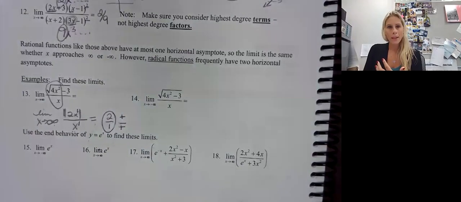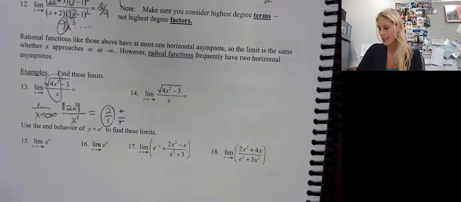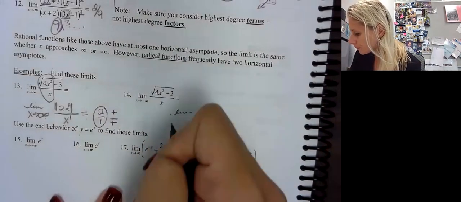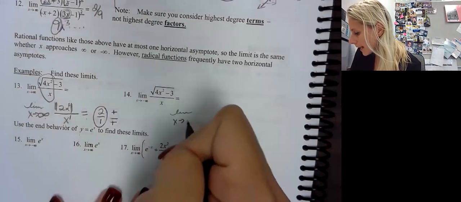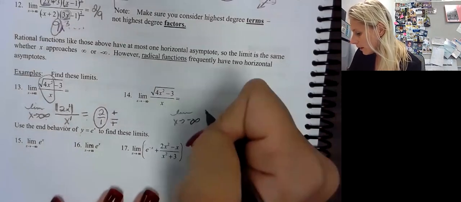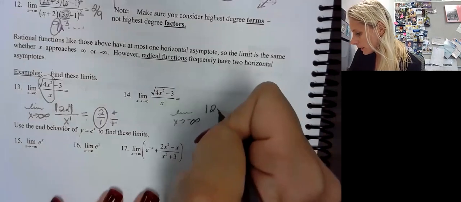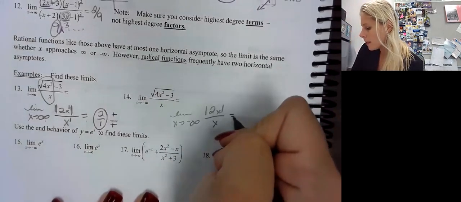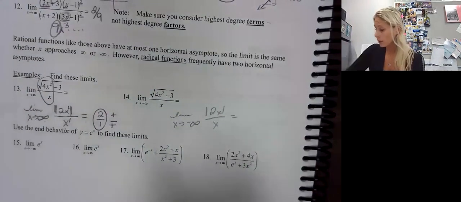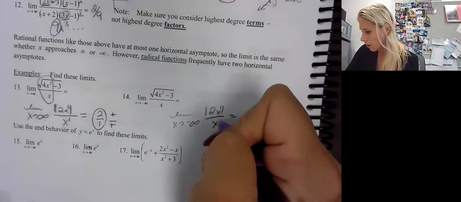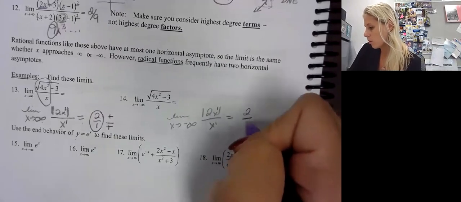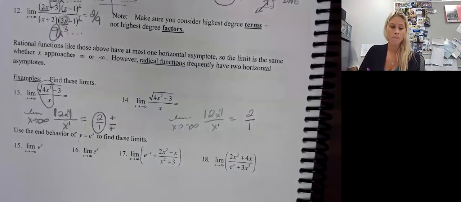Now, what happens when it's negative? Because as you can see in 14, it's negative there. So again, I'm looking at the limit as x approaches negative infinity of the absolute value of 2x all over x. Same idea, it's to the first, right? So I take the coefficients in front. So I get 2 over 1 for the coefficients in front.